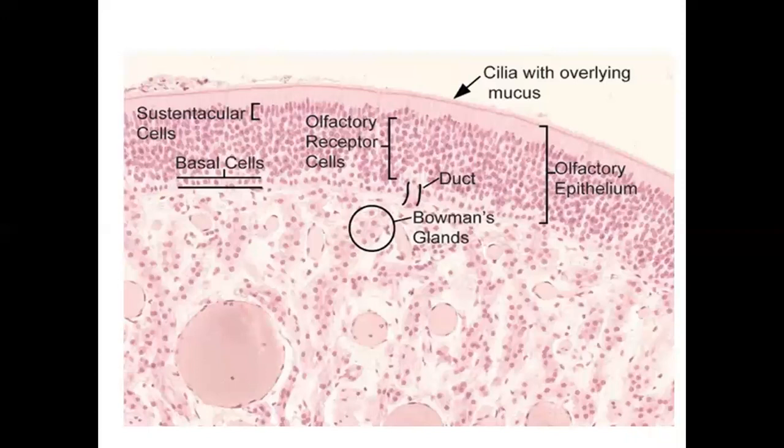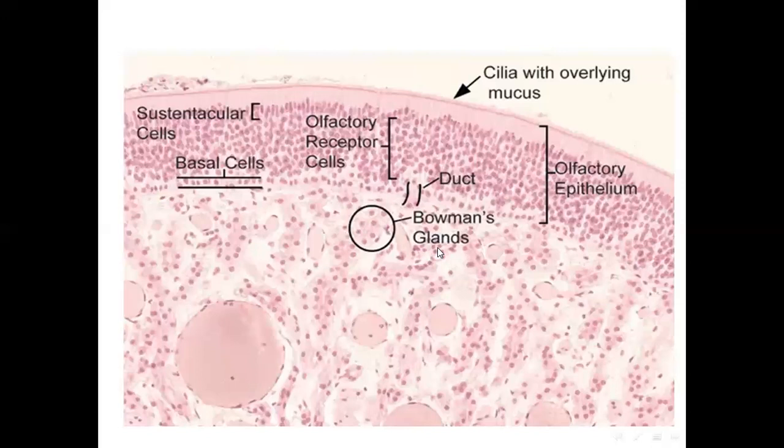And we said that the lamina propria has Bowman glands, or we call them olfactory glands. Okay, it is also highly vascularized, with many blood vessels, loose to dense irregular collagenous connective tissue.